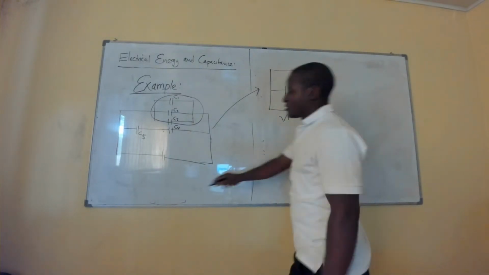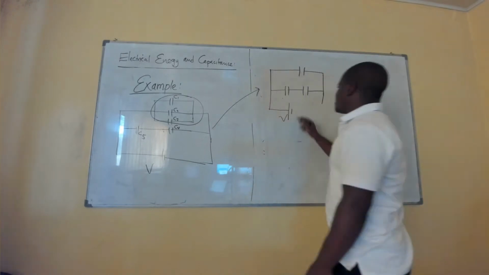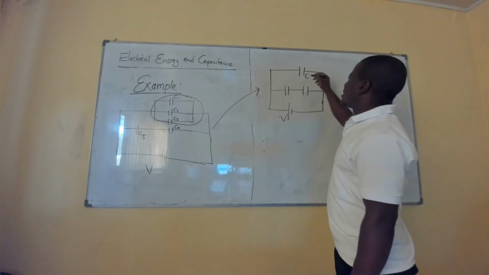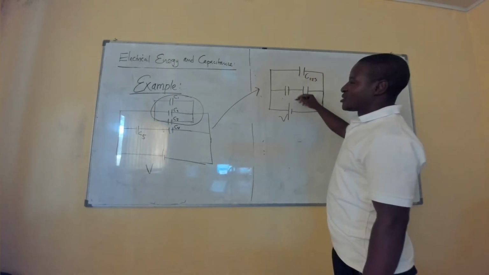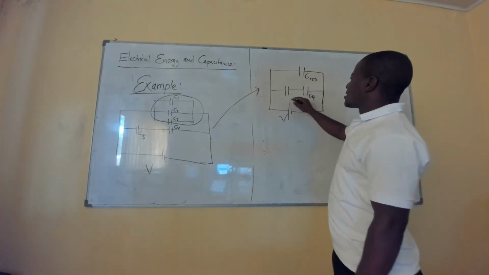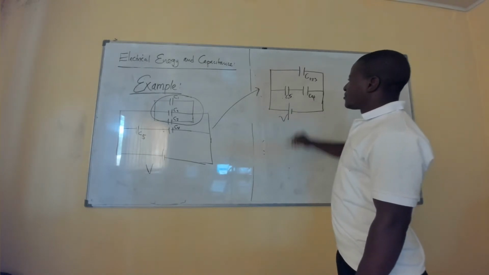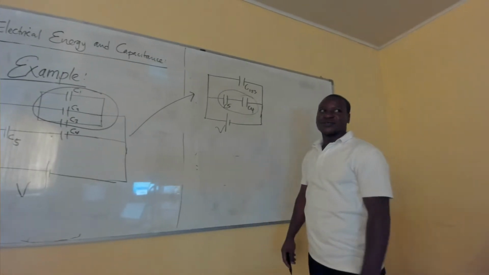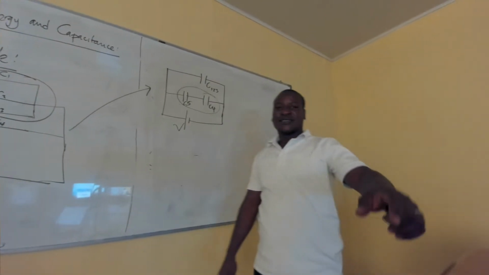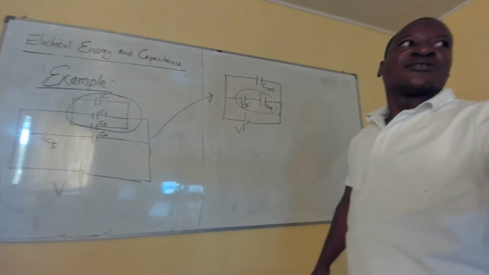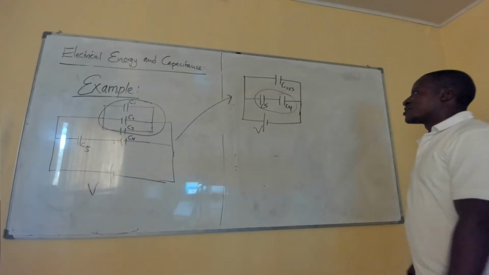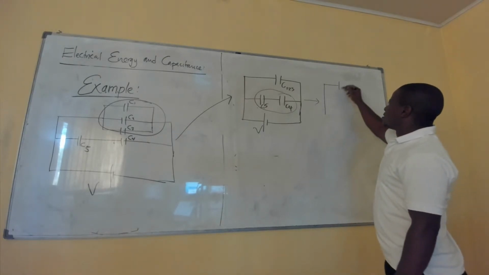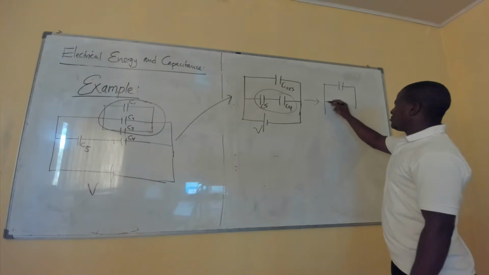That is our voltage, like the one that we have there. Then this becomes your C1,2,3. This becomes your C4. This becomes your C5. So from here, straight away, you can combine these. You know that when they are connected in series, you know how to add them straight away. So from here, you know that this will be your arrangement in this way.